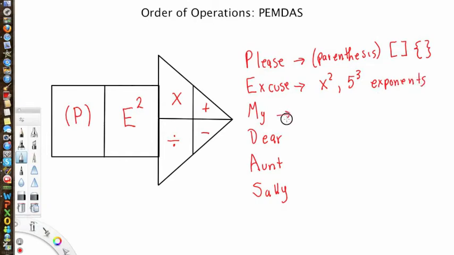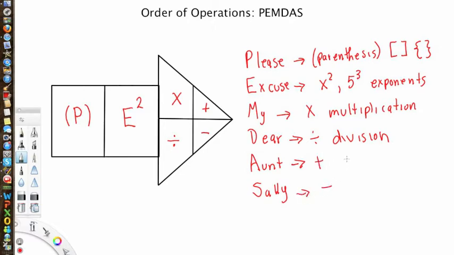We will also have good old multiplication and division. And last, addition and subtraction. Let's try a practice problem together.